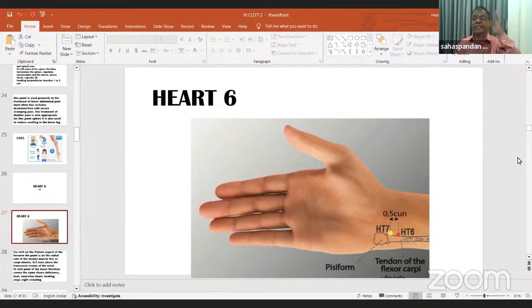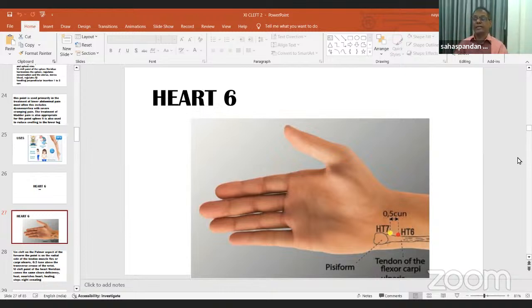Heart 6 is a very good point for steaming bone disorder, where there is sweating in the bone, and for night sweating. Needle it with perpendicular insertion, 0.3 to 0.5 cun, only a little insertion.